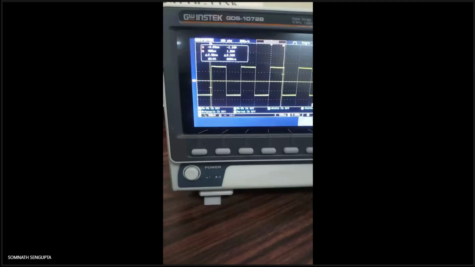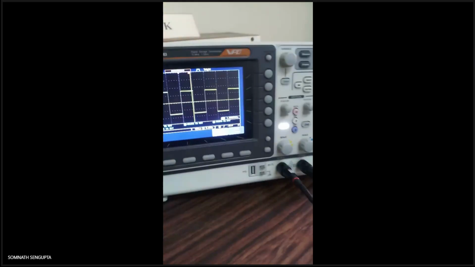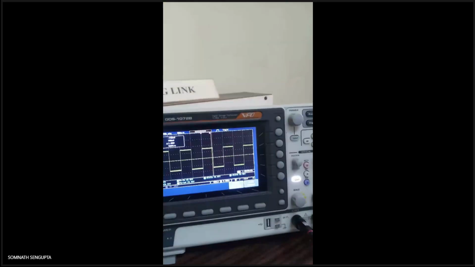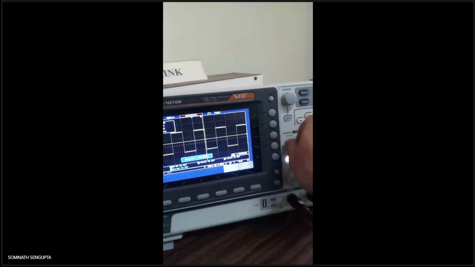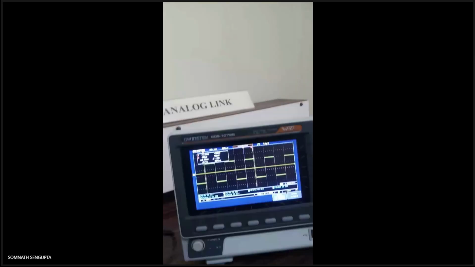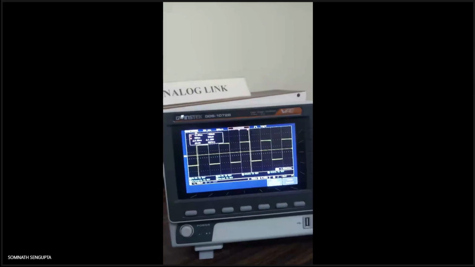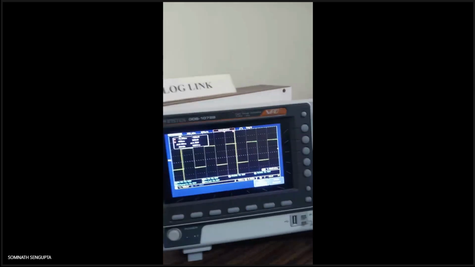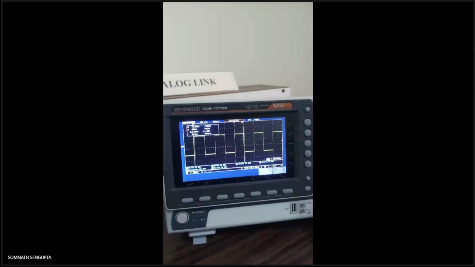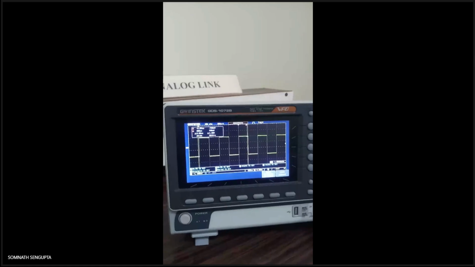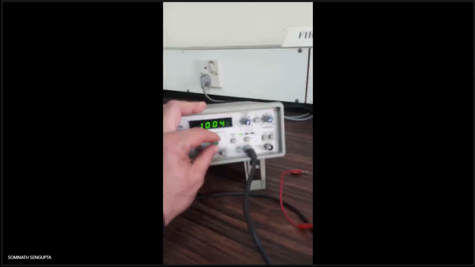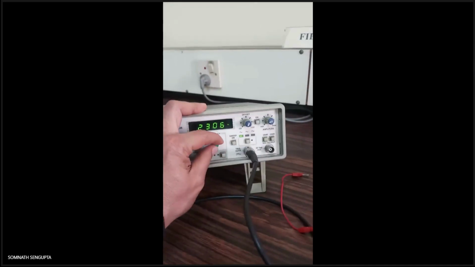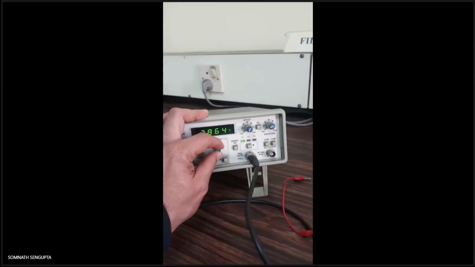Let us say it is near about 1.5 volt peak to peak for the 1 kilohertz signal. Now I change the frequency to, what frequency did I tell you?